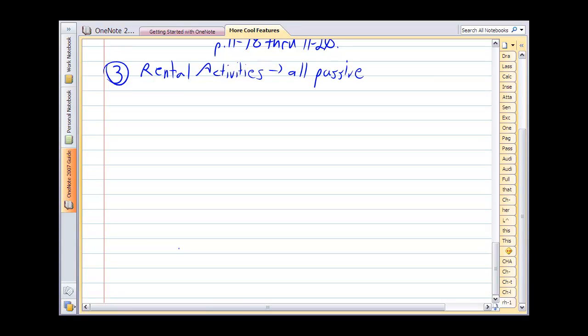Okay, so we've got 6 exceptions to the whole rental being passive. Another word for these 6 exceptions is not much rental.